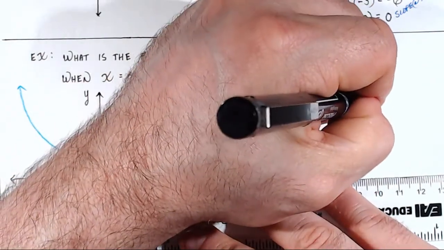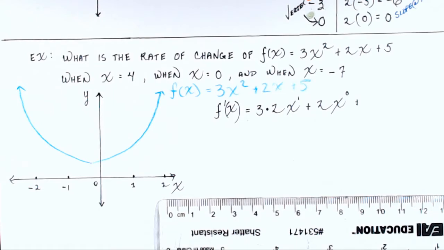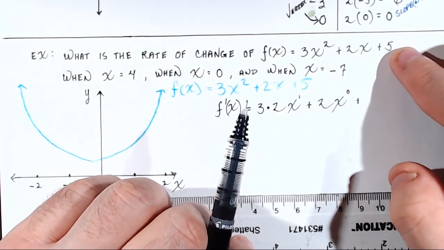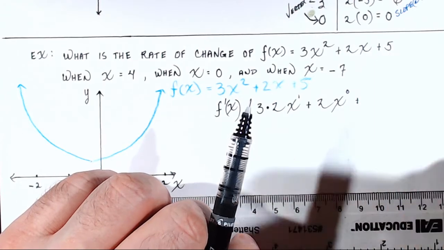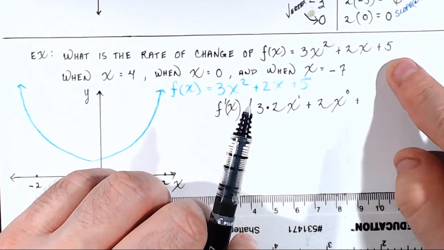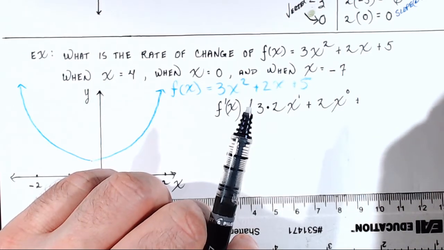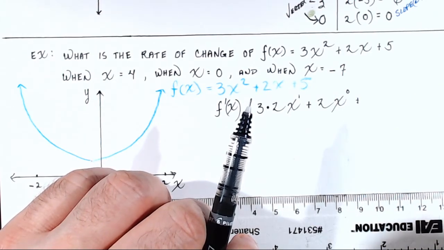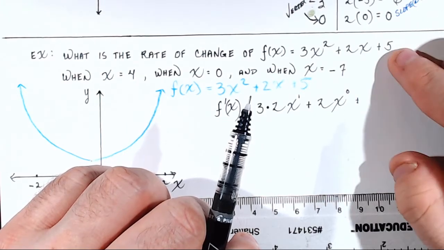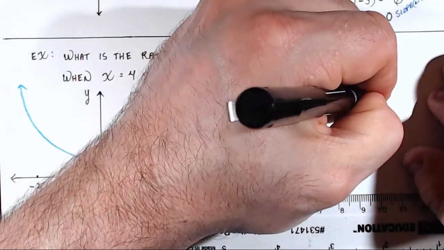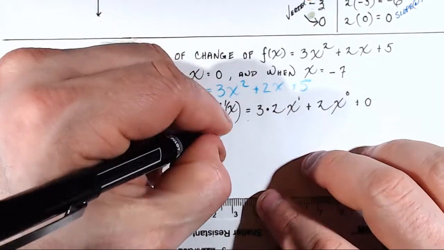Now what's going on with the 5? In derivatives, if you have a number like this and you take the derivative of it, it turns into a 0. So these whole numbers just disappear entirely. So 5 just disappears and becomes nothing. It's a 0. Now let's clean this up.